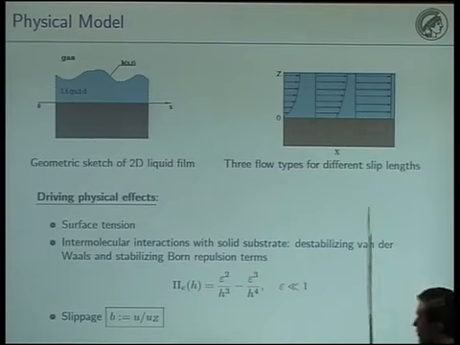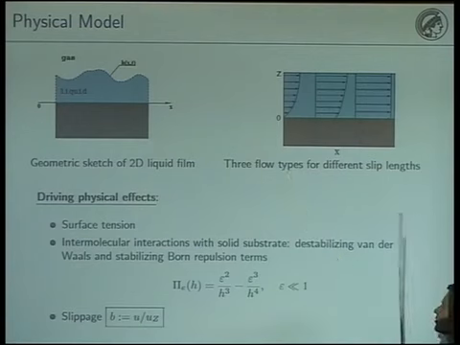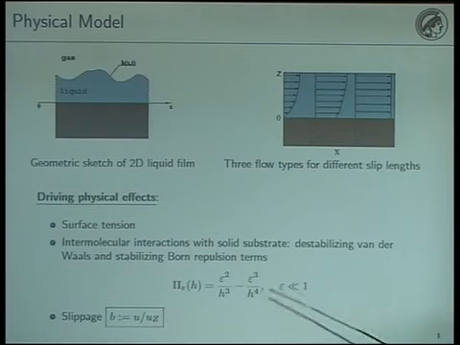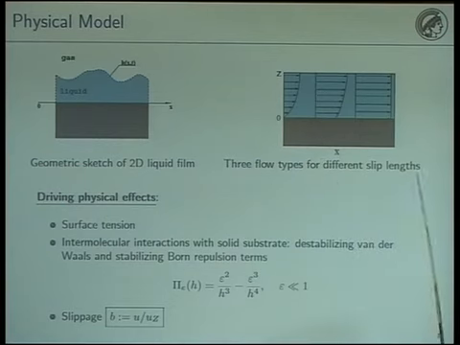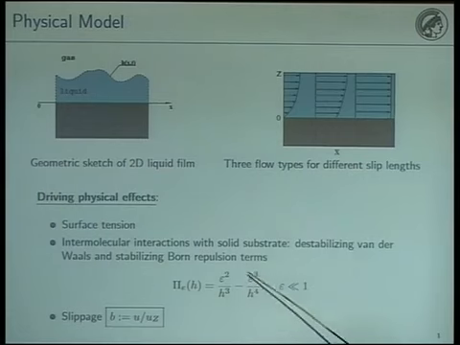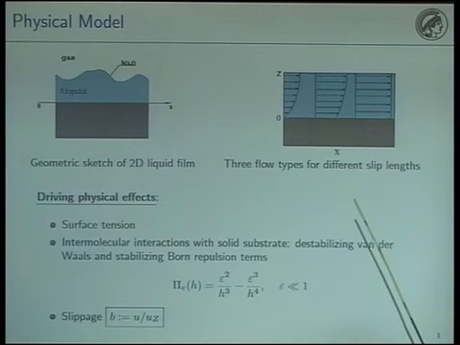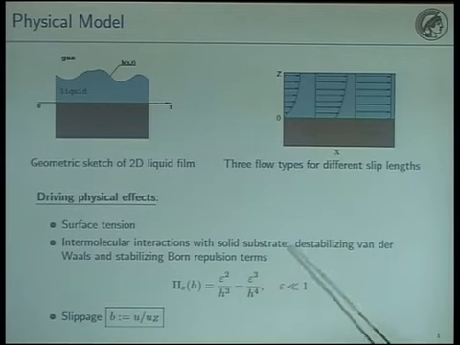That's why we have an intermolecular interaction of the film with the solid substrate, which is incorporated in a continuum model using this disjoining pressure, which consists of two parts. The first part is attracting van der Waals forces, which try to rupture the film. And when the film thickness becomes very small, around 10 nanometers, then Born repulsion forces come into play, and they try to retract the film and stabilize it around some very small thickness epsilon.